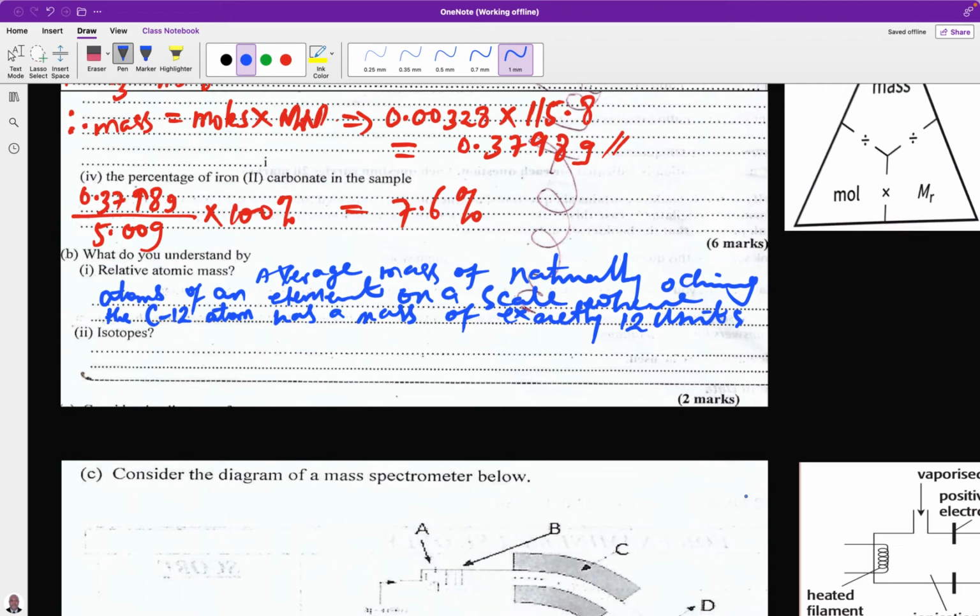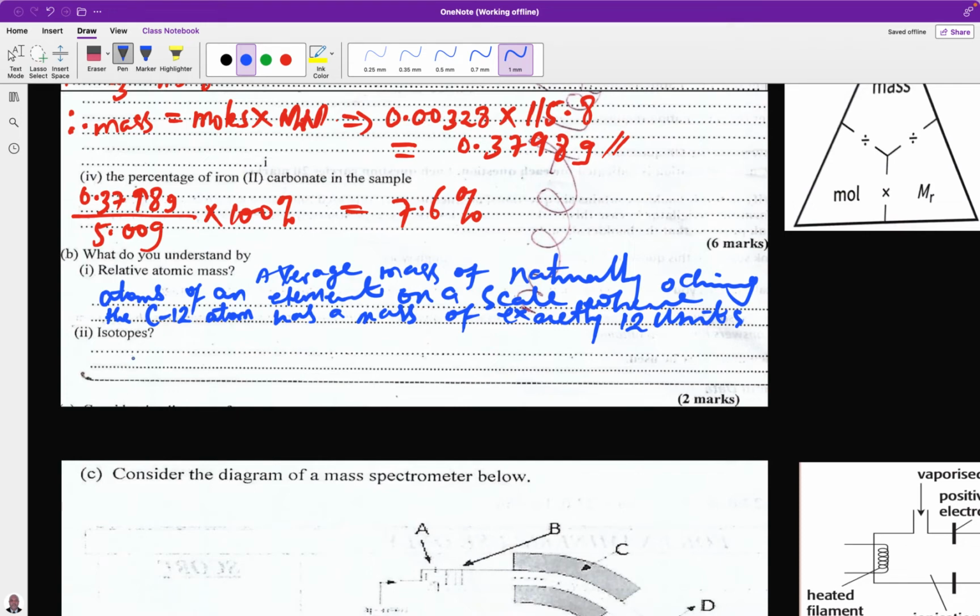I said atoms of the same element with the same proton number, but different nucleon number due to different number of neutrons present. Finish.